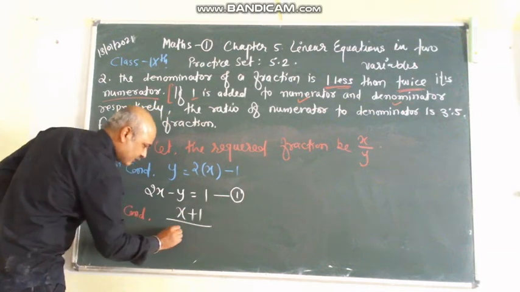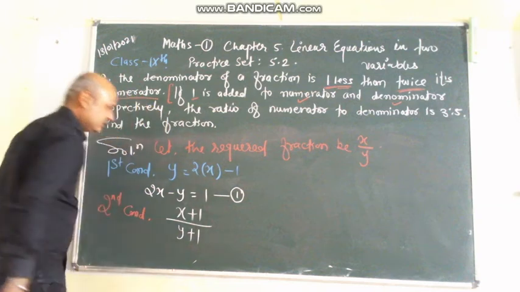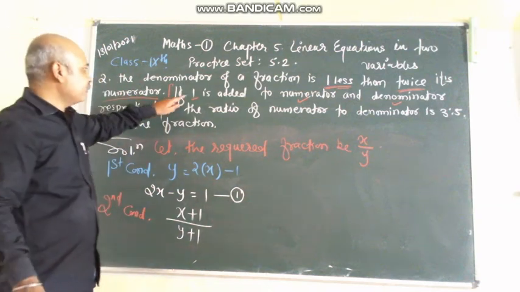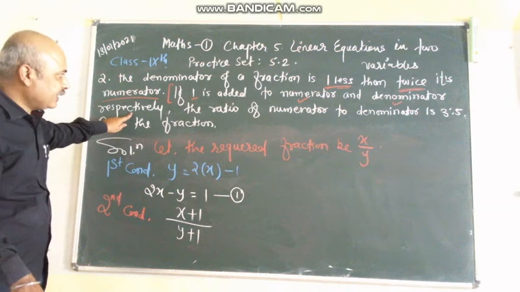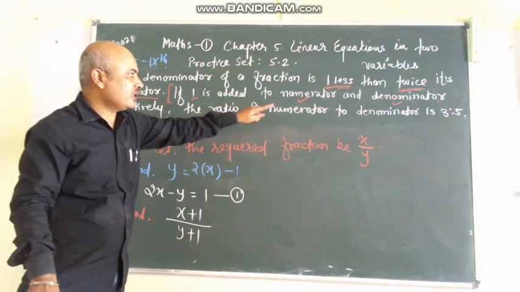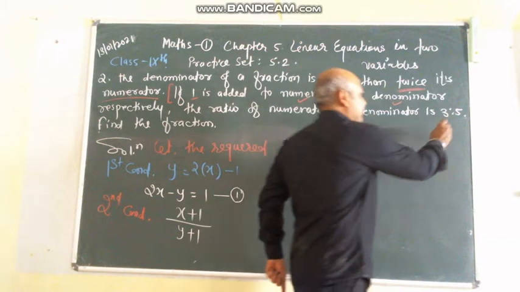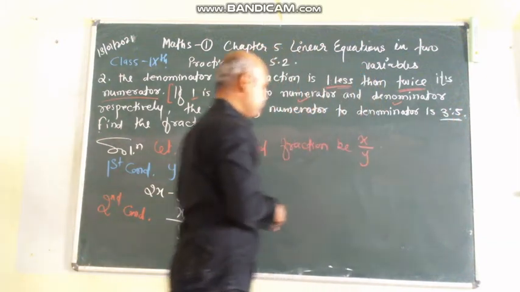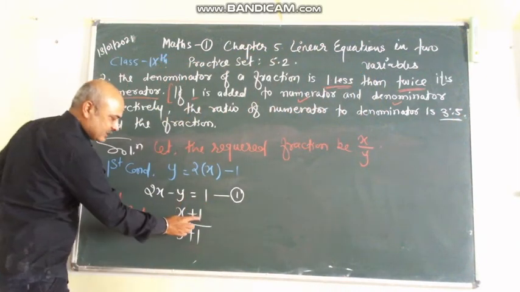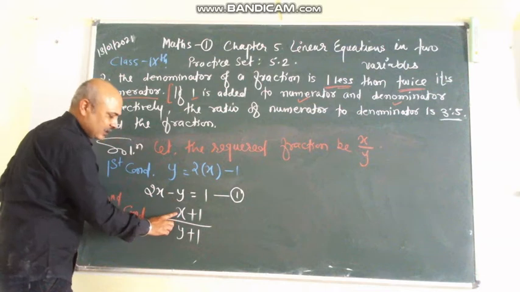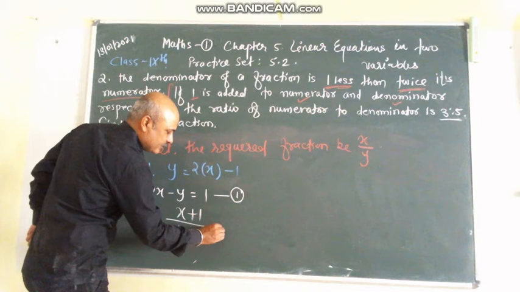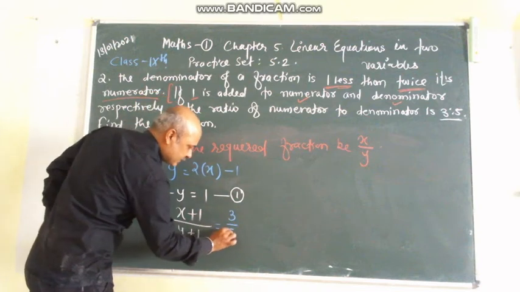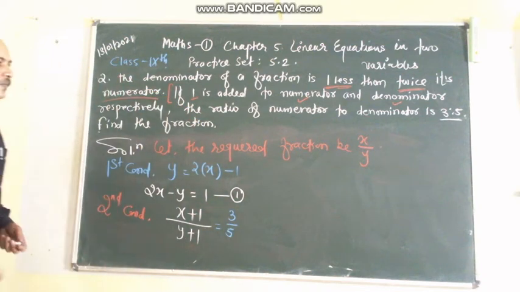What is the denominator? y, you are adding plus 1. So when 1 is added to the numerator and denominator respectively, the ratio of numerator to denominator is 3:5. That is 3 upon 5.